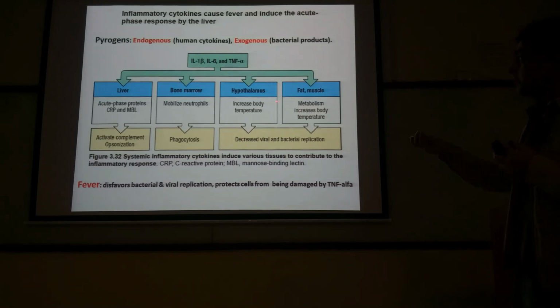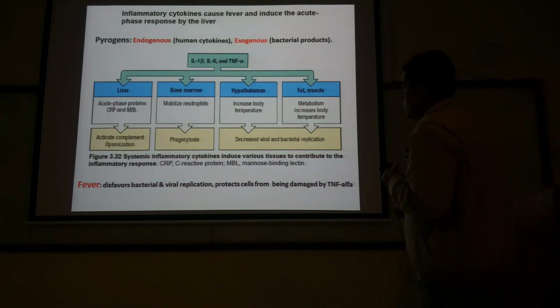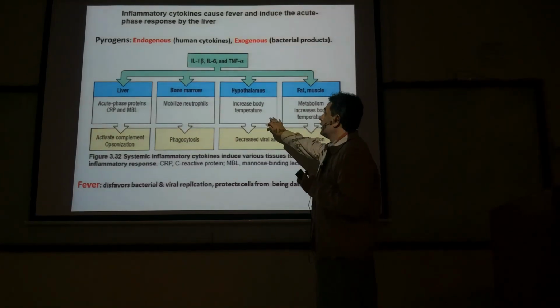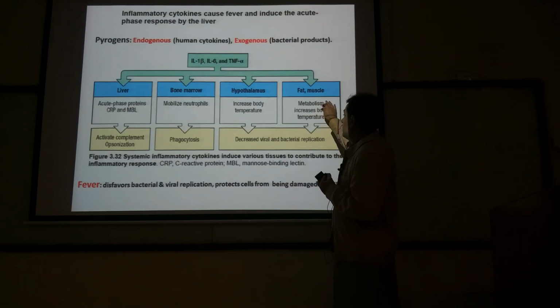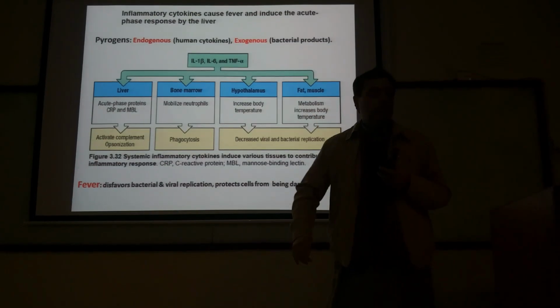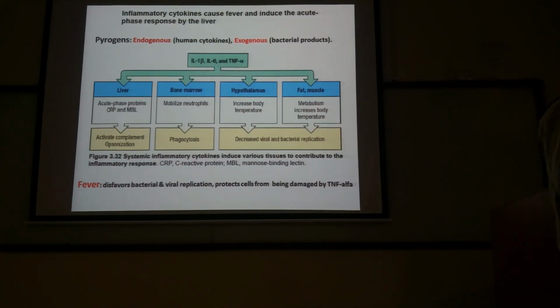This is actually the fever response generated here when the interleukin 6 would affect the hypothalamus or the fat and muscle cells. In both these situations, heat will be produced in greater amount, and that heat response or fever response is going to decrease viral and bacterial replication.